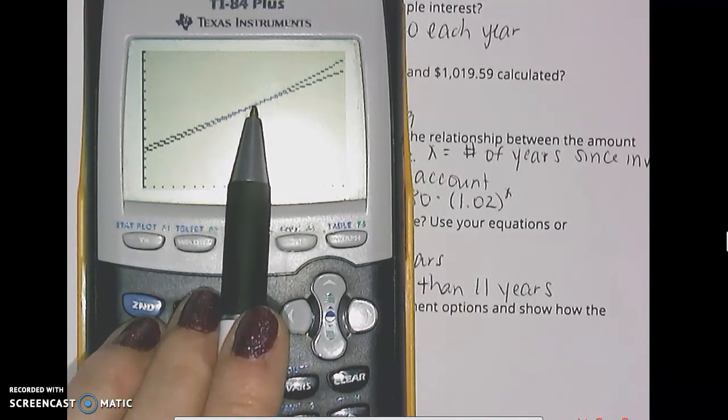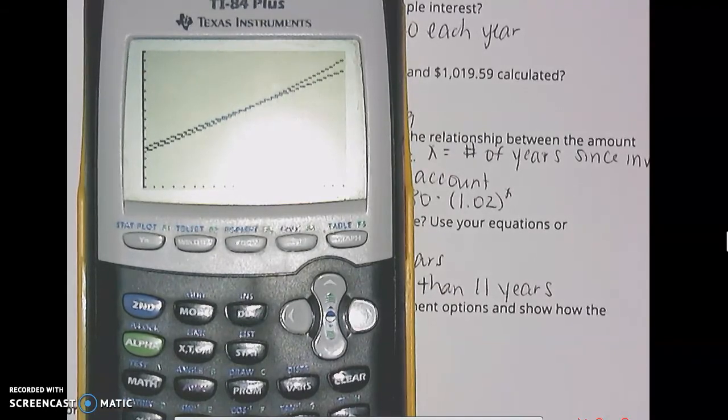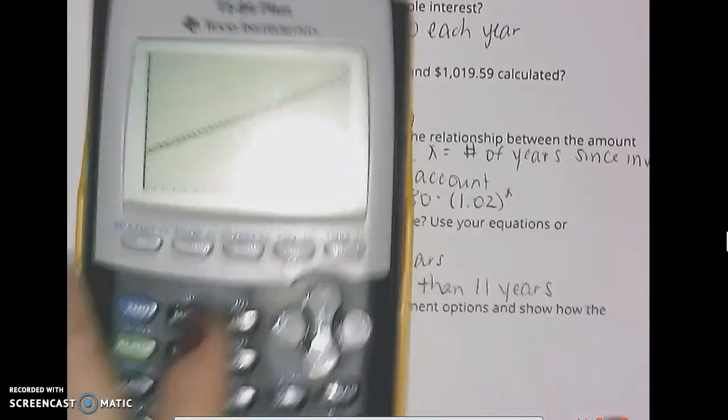At this point is where you would want to choose the savings account over the bond. 11 years is a lot of time to leave money invested for some people, so they might choose the bond. For other people, if they know they can put that money into an account and let it ride for longer than 11 years, then they're going to want to choose the savings account. Okay? And that's it.